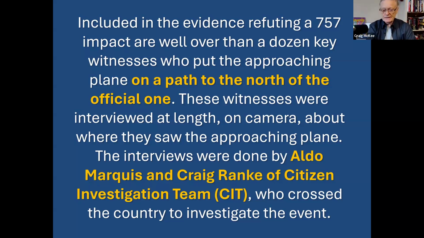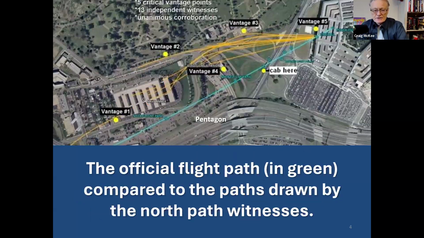And you'll see that basically, if they didn't see it on the official flight path, that means that the damage had to be staged at the Pentagon. Here's an overhead. The green line is the official flight path, or close enough to it, and the other gold lines are flight paths drawn by the North Path witnesses.